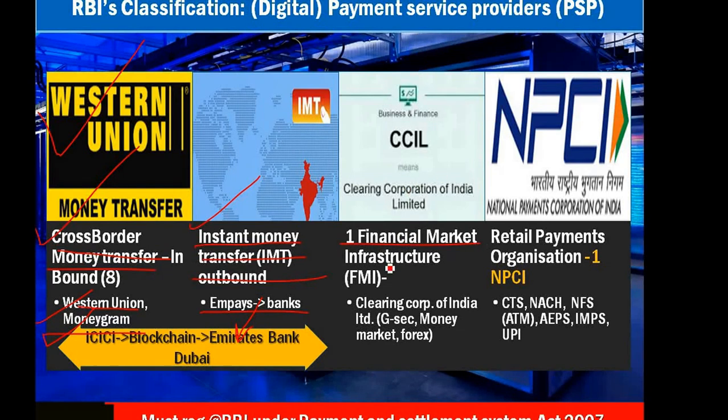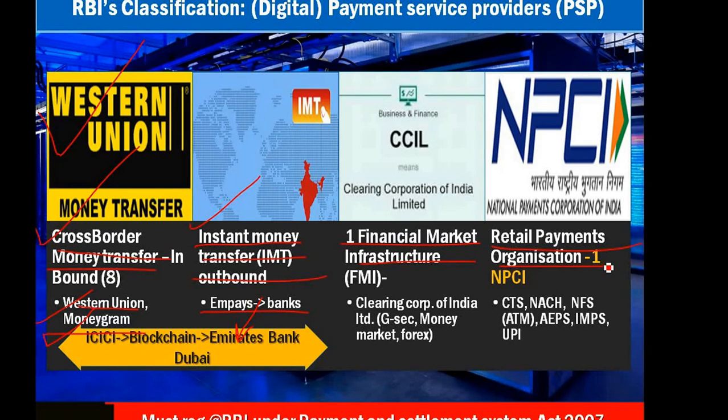An example is ICICI Bank, which has collaborated with Emirates Bank to form a blockchain to transfer remittances and money between India and UAE.